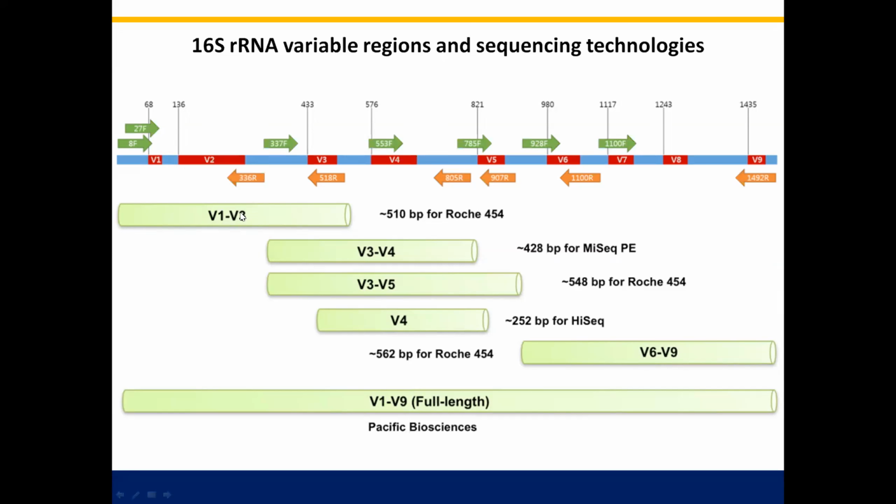The next one, more predominantly used, is V3, V4 regions using MiSeq technology, V3 to V5 using Roche 454, and HiSeq for V4 regions, V6 to V9 regions again Roche 454. And for full length, V1 to V9 regions, we use the PacBio system.